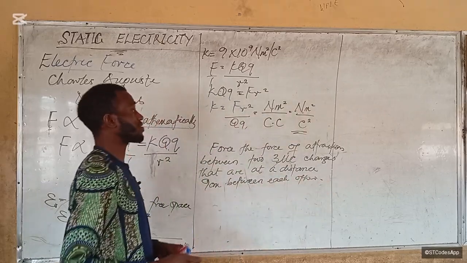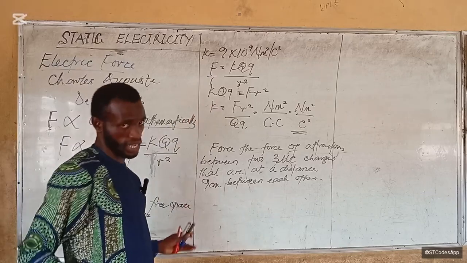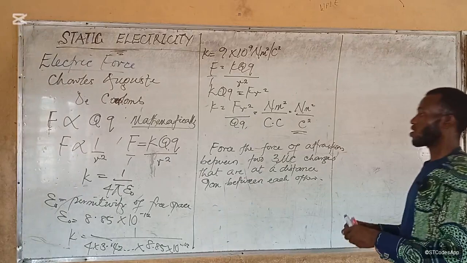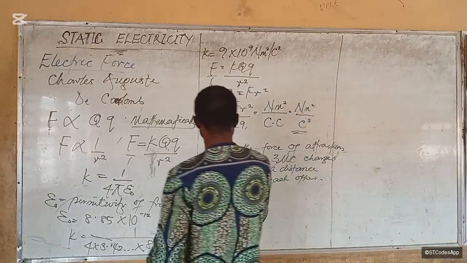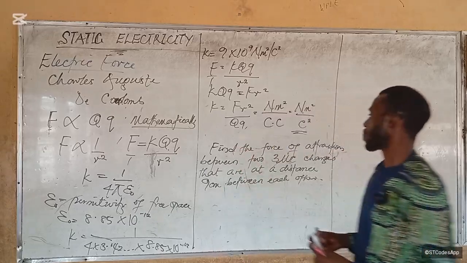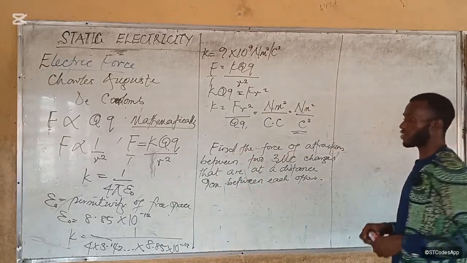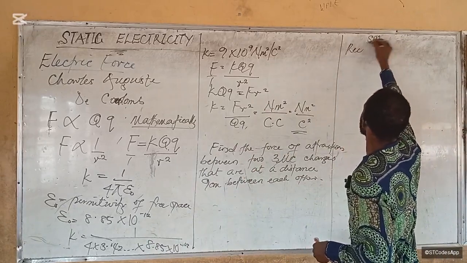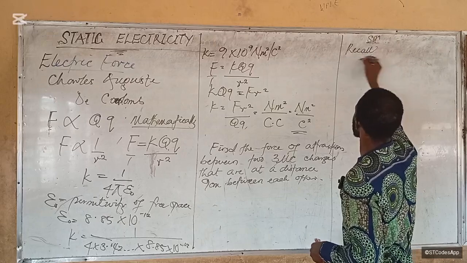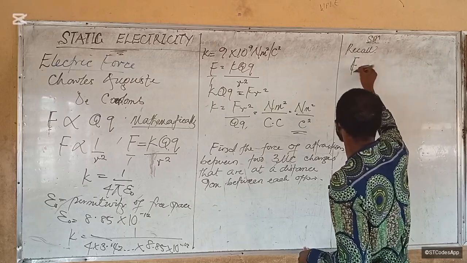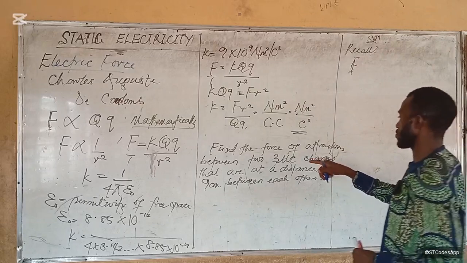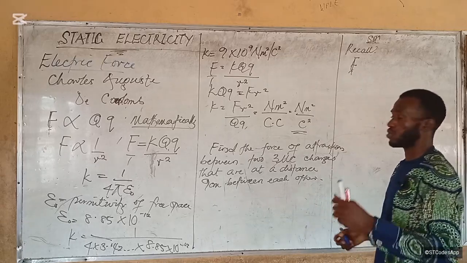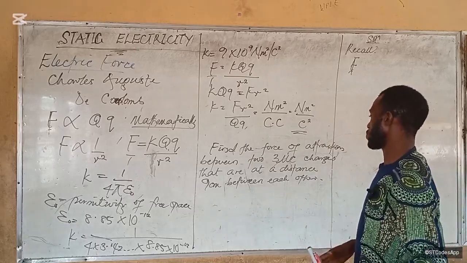Now with this, you'll be given the constant of proportionality and all of that accompanying your question. So how do you solve this kind of question? Find the force of attraction between two charges. This is how you go about solving it. Let's write the solution. You recall that the force F of attraction, in this case attraction because one would be positive and the other negative.